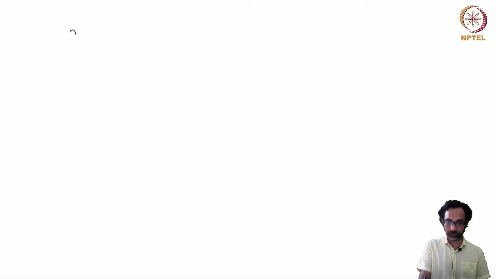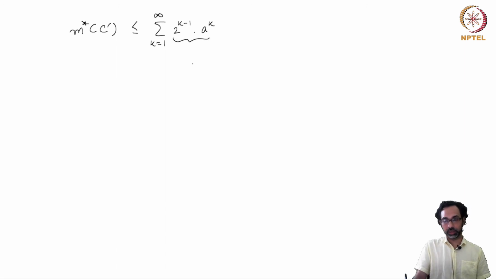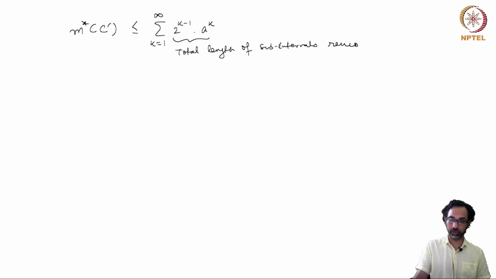To show this, note that m star C prime is less than or equal to the sum from k equal to 1 to infinity of 2 to the power k minus 1 times a to the power k. This is the total length of subintervals removed at the kth stage.